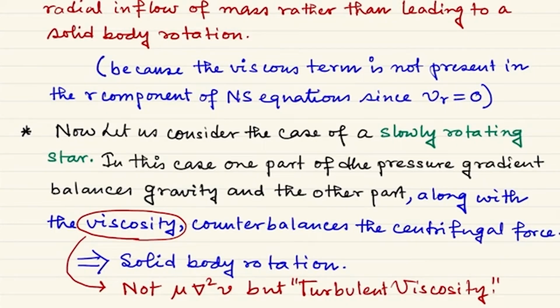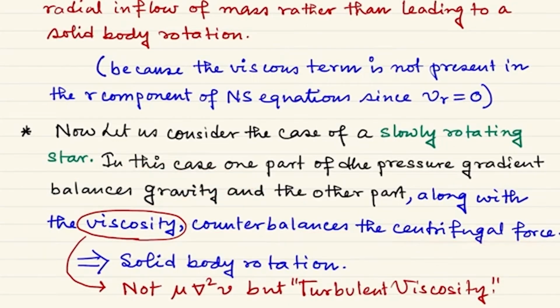Here, the pressure gradient is no longer negligible at all, and actually this is the most dominant part, so that one part of this balances gravity, and the other part, along with the viscosity, counterbalances the centrifugal force.